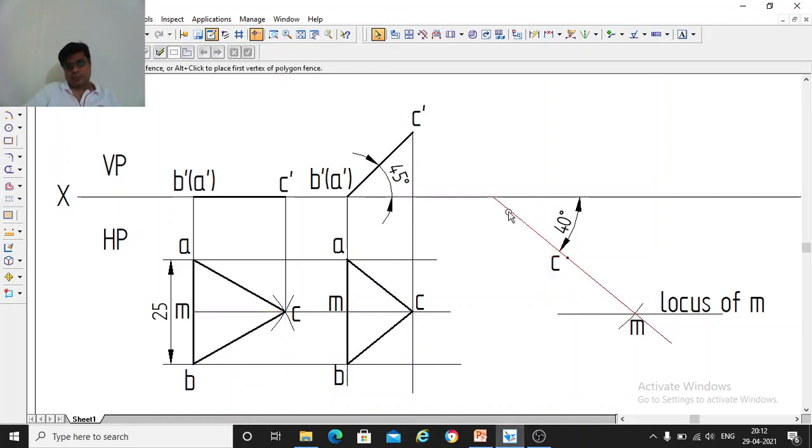Okay, so we draw a line at 40 degree and take this true length of the median CM here. We take the center C and draw the arc equal to this true length of CM, and from this point you draw the locus of M. Then you measure this apparent length CM, and with your compass keep the center on C and draw an arc touching this locus line.